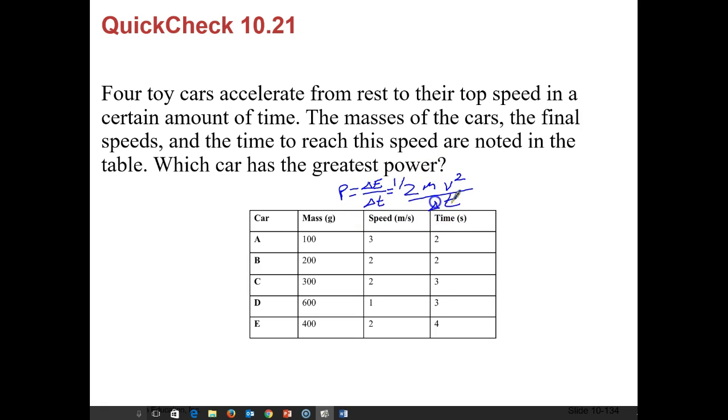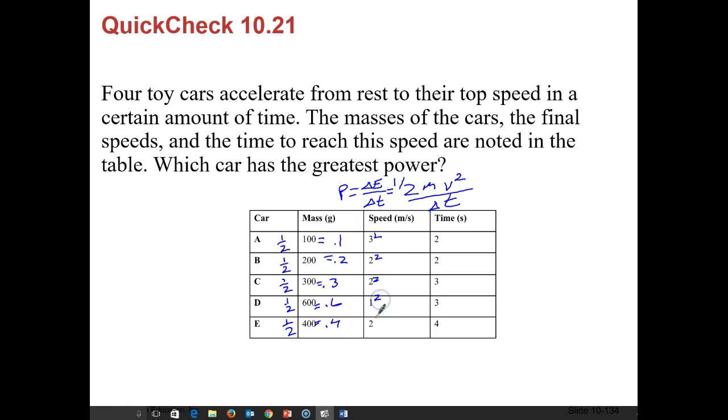So we're going to go ahead and leave these in grams. Actually, let's go ahead and put them in kilograms. So 0.1, this would be 0.2, 0.3, 0.6, and 0.4. And we need to multiply 1/2 of each one of these times the mass times the speed squared.